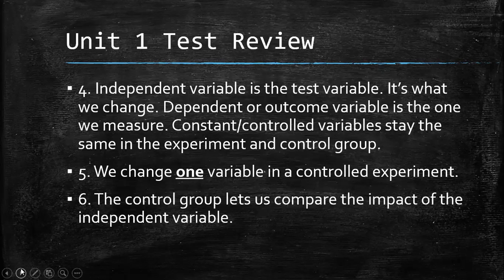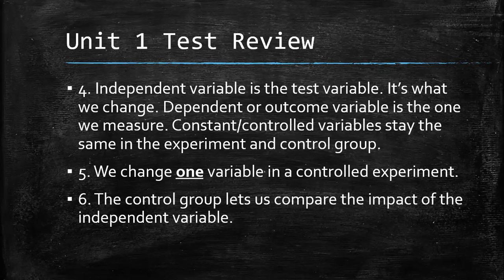Number four, you have to be able to identify the independent and dependent variables. You will be provided on the test with scenarios, and in those scenarios, you will have to be able to pick out the independent and dependent variables. Remember that the independent variable is the test variable. It's what the scientist is changing or manipulating. So if you're trying to figure out if the amount of water impacts plant growth, the amount of water is what you're changing, right?